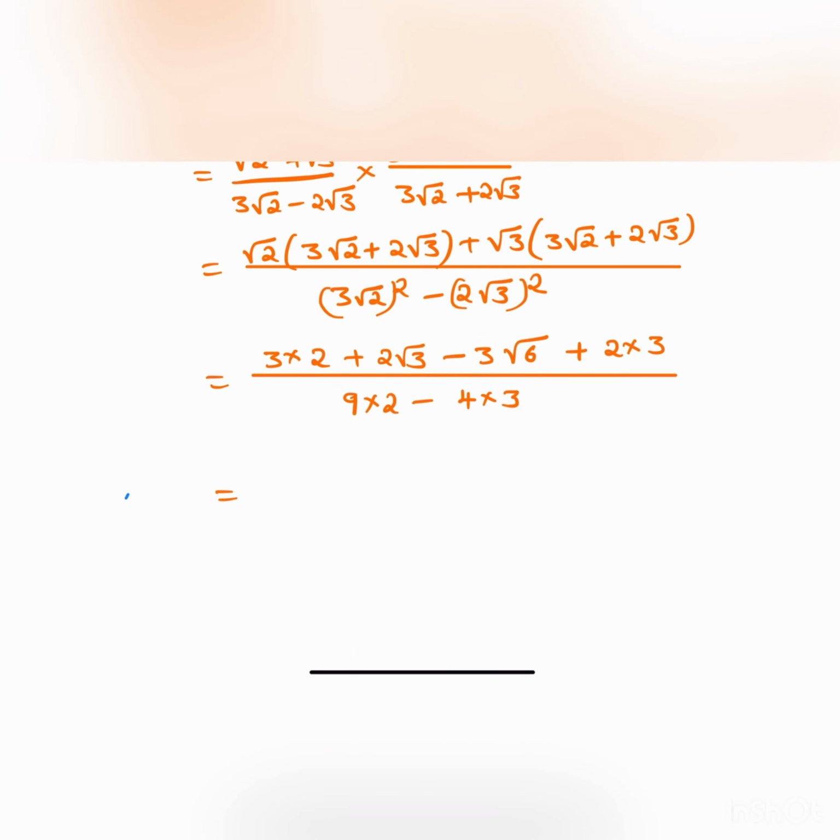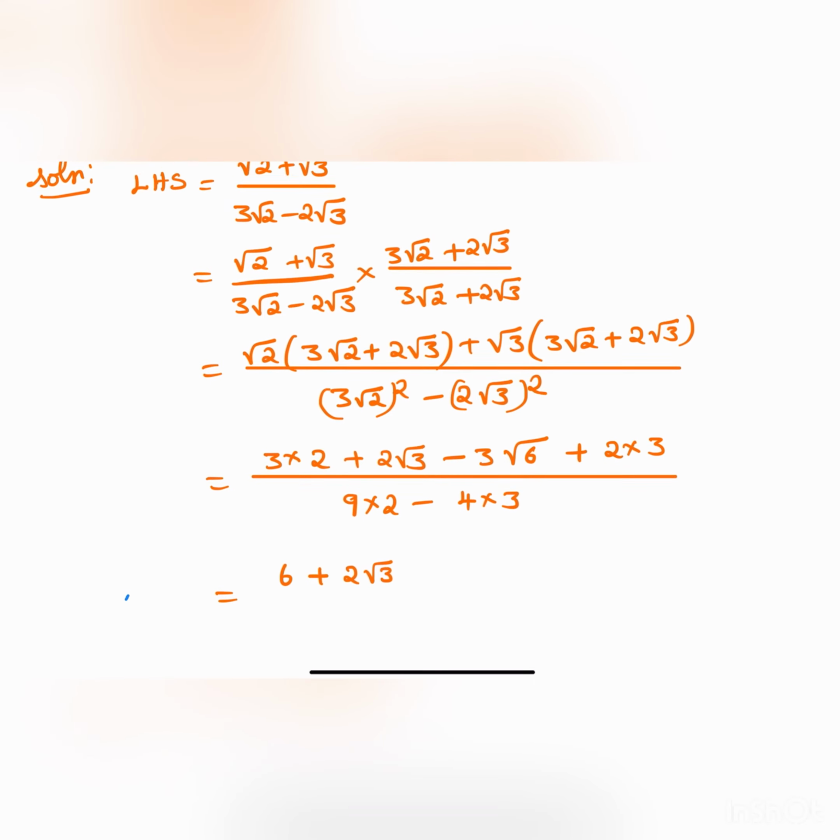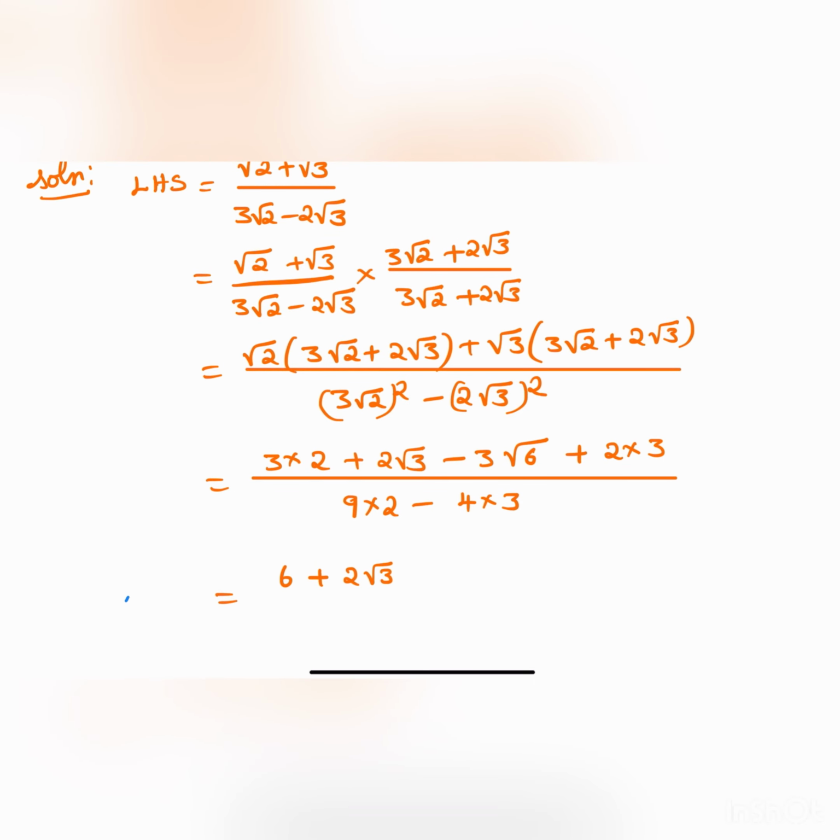Let us further simplify this. We have 2 3s are 6 plus 2 root 6. Oh sorry, here it is 2 3s are 6, it is 6. Now root 2 root 3 is root 6, and 2 root 6 plus 3 root 6, we will get 5 root 6.